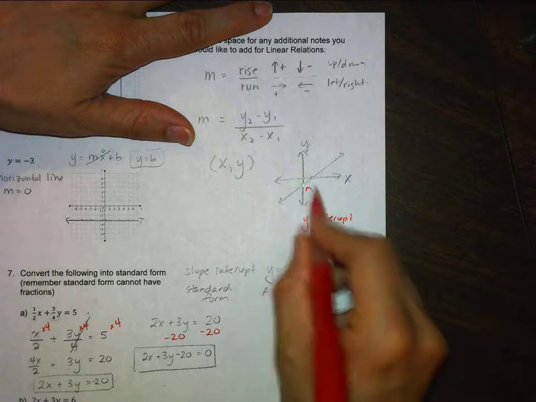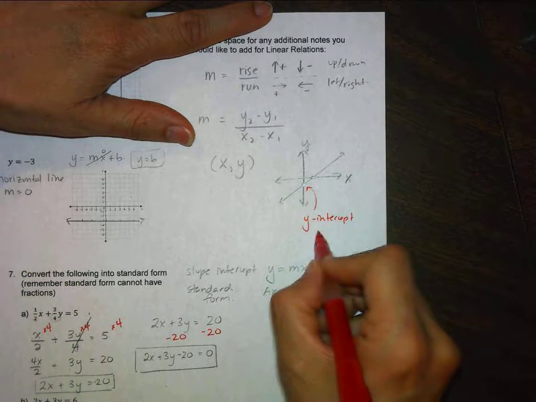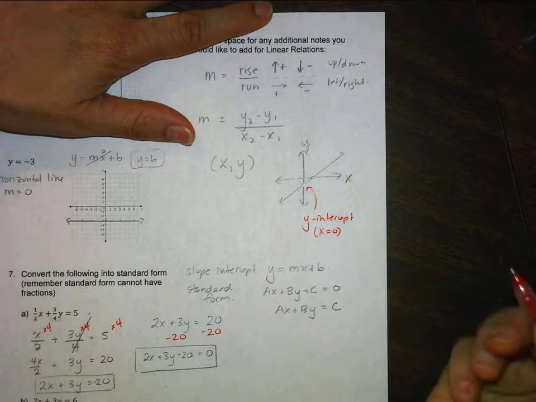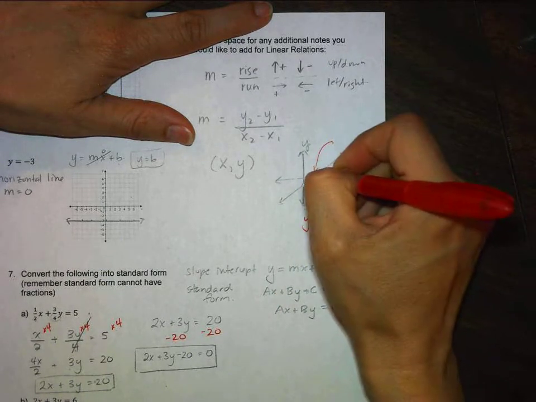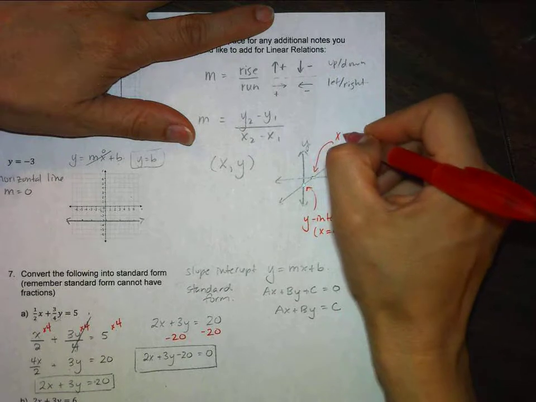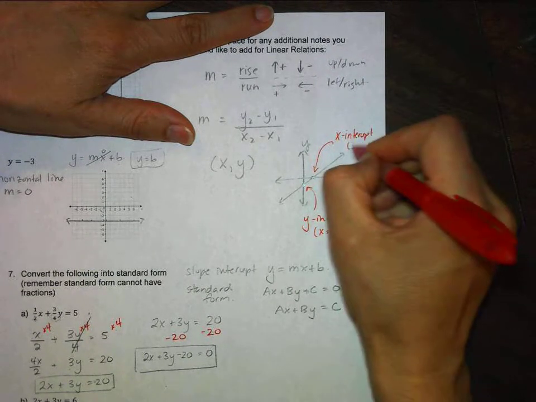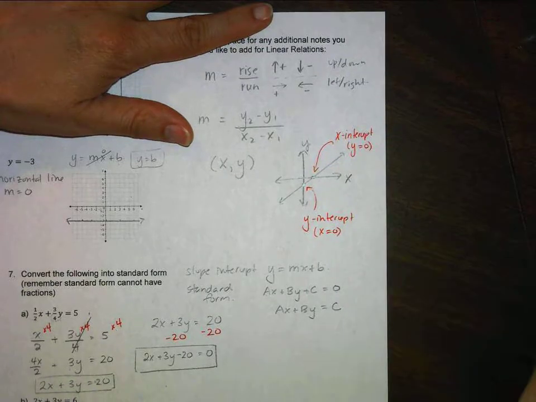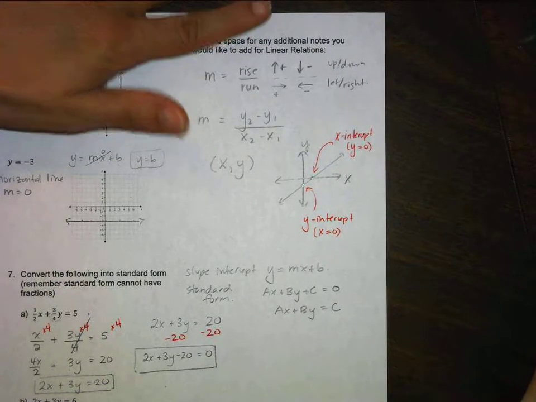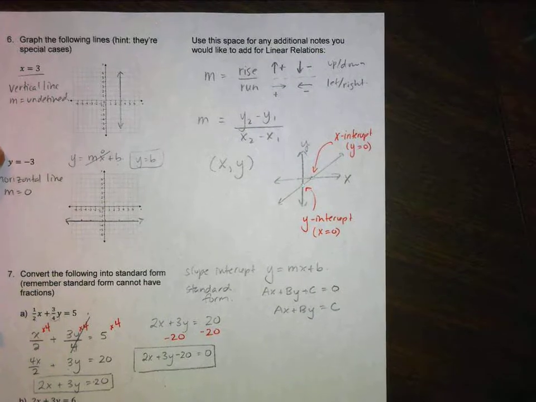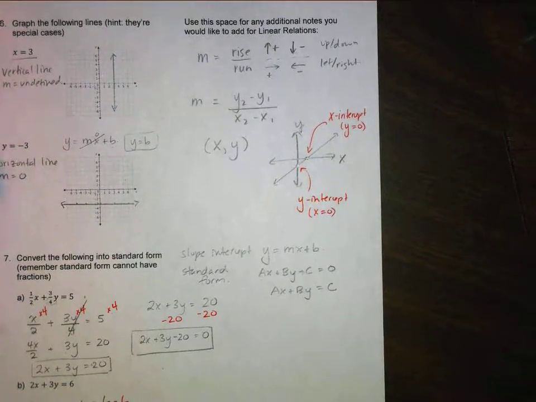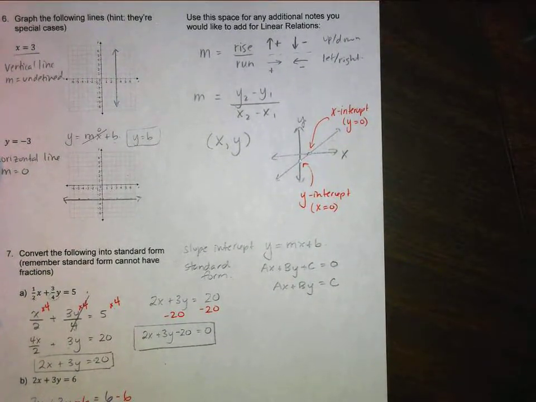That is where it crosses the y-axis, and actually x is equal to 0 there. This point right here, that is the x-intercept, and that's where y is equal to 0. And there. I don't know what else you want to write, but maybe I'll think of some things to add in afterwards.